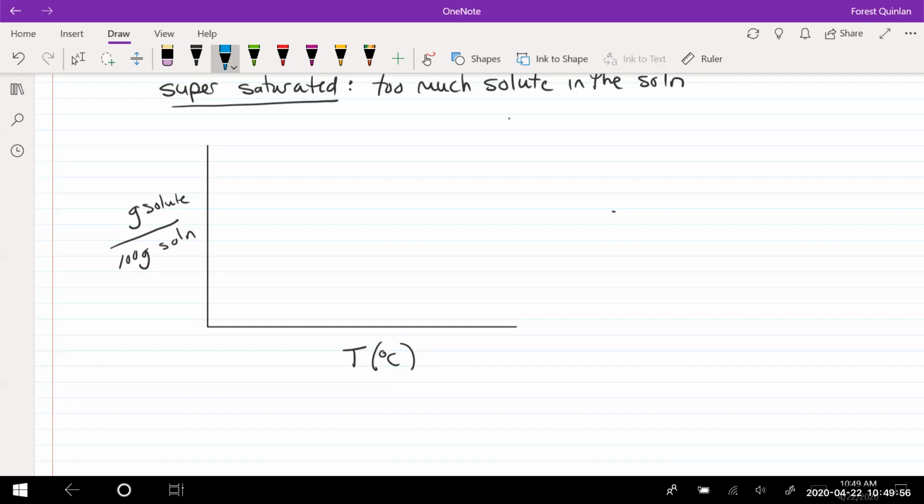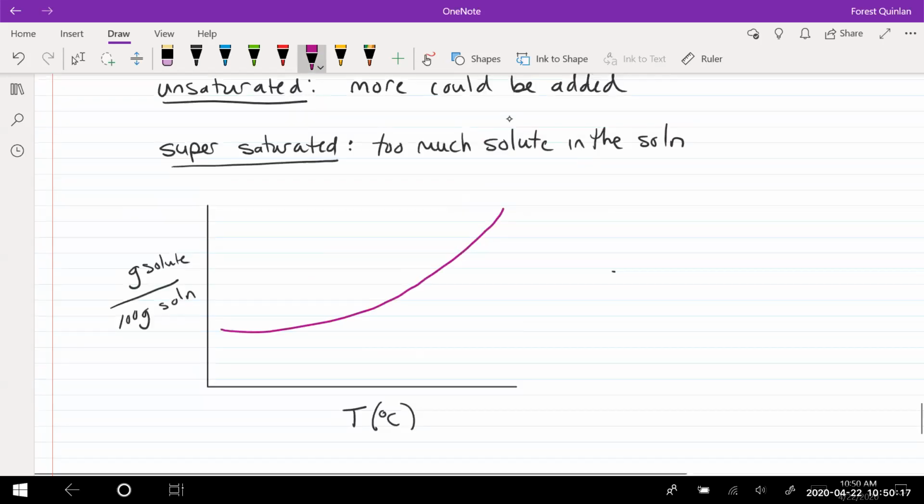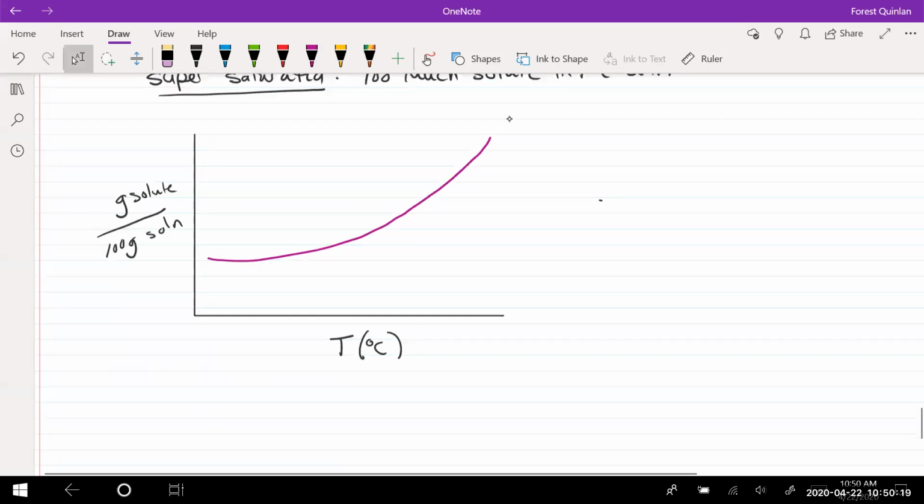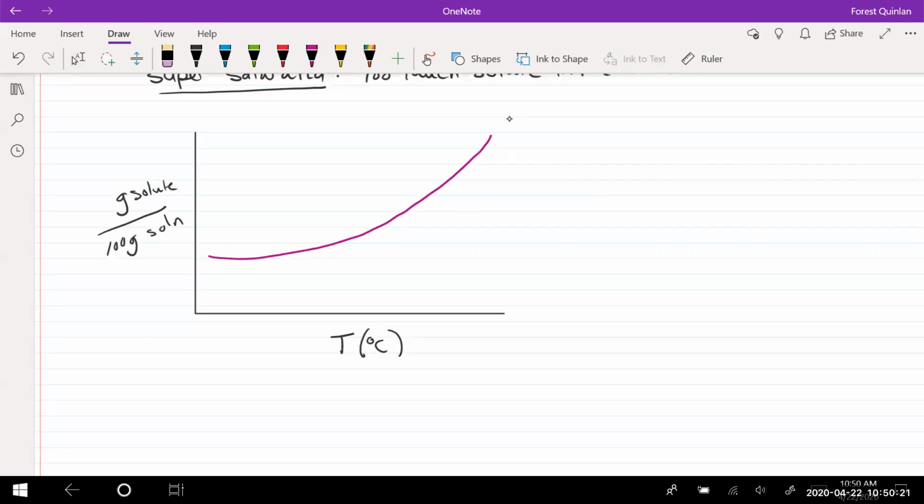If we want it to go faster, we're going to heat it up. Now, part and parcel to that is that as you heat it up, you increase the amount that could actually go in. And a typical curve looks something like this, where the higher you get that temperature, the more you can put in.